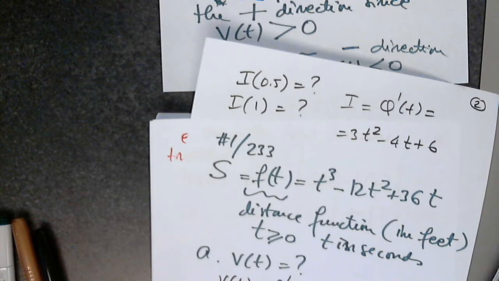Where is it? I thought I got it started. I guess I didn't. Sorry. Okay, I plug in y equals my f of t, which is x cubed minus 12x squared, and then plus 36x, and I go to second table.